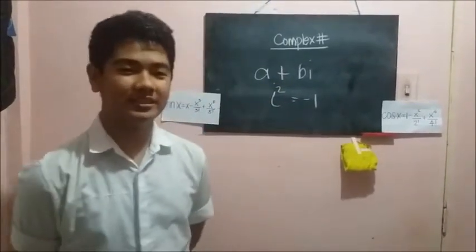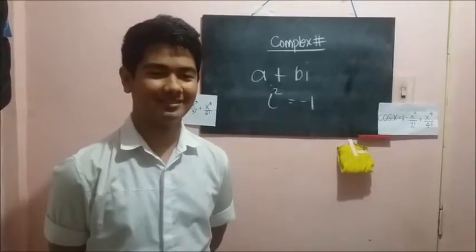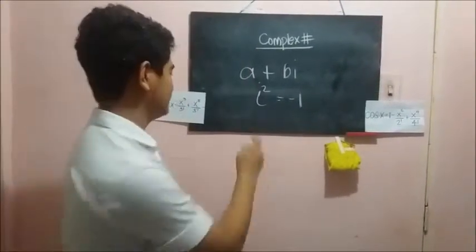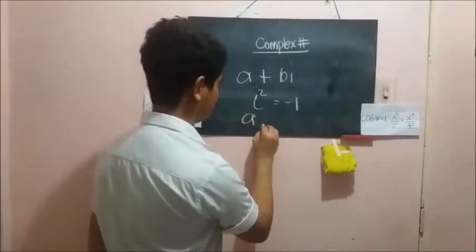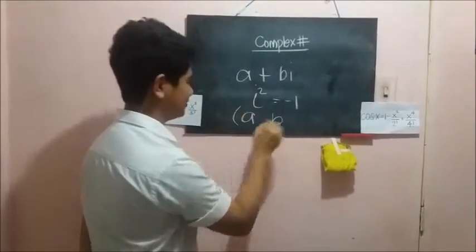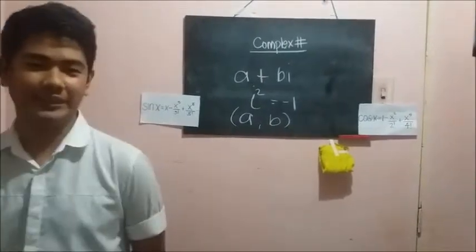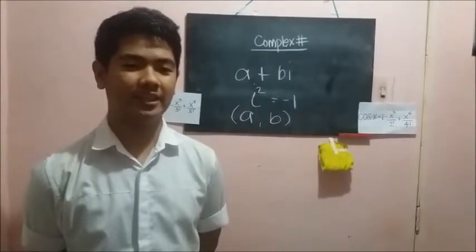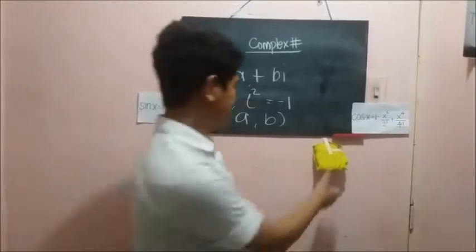And b is the imaginary part. It is usually expressed as a pair of numbers a and b. And these complex numbers are plotted in a complex plane.